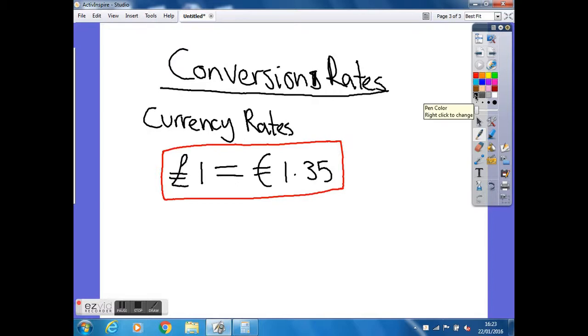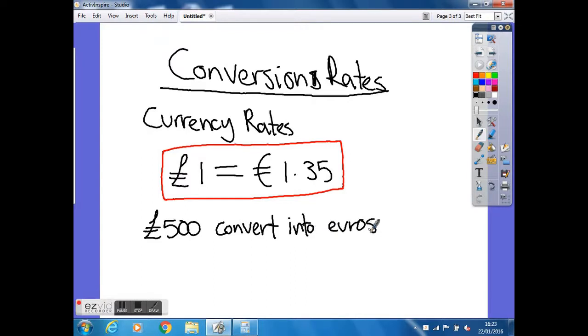Now this will be in a scenario, perhaps you're going on holiday and they say that you've got £500 to spend. You're going on holiday to Spain and you want to know how much you're going to have in terms of euros, so we need to convert that into euros using the above rate.